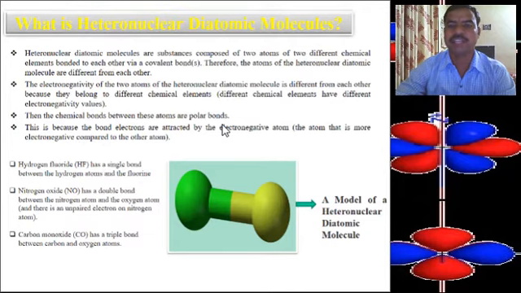The best examples of heteronuclear diatomic molecules: CO, NO, HCl, HF. For these molecules, the molecular orbital diagrams are studied in this way.